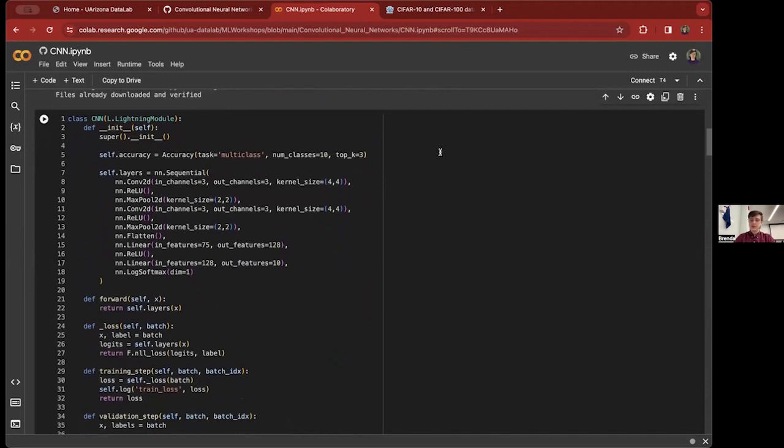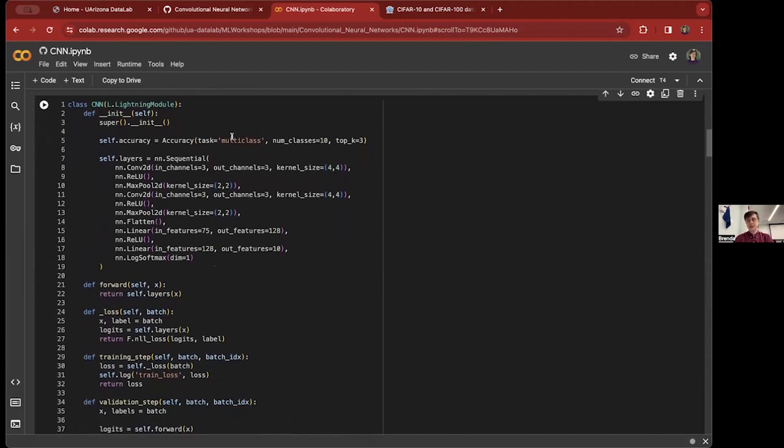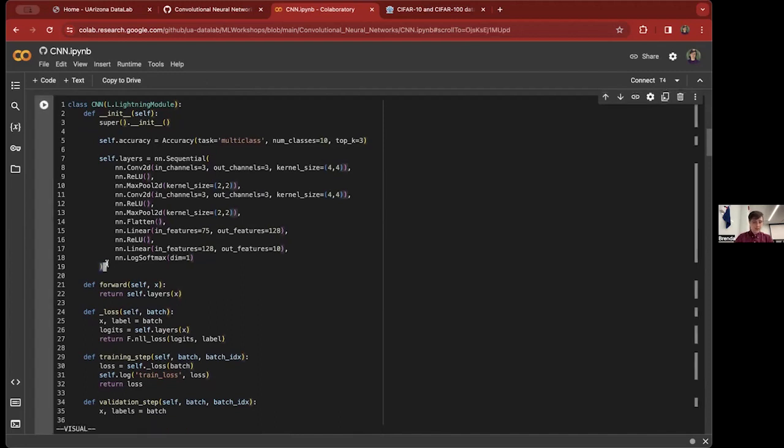Okay, so the next bit is the actual convolutional neural network architecture. Here we organize this into a Lightning module, and Lightning is going to handle some of the training details for us. But the first thing you need to do is tell it all of the layers and things, how they're organized, and what their sizes are. That's what's happening in this block of code.